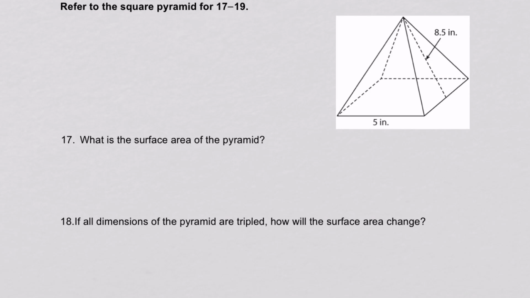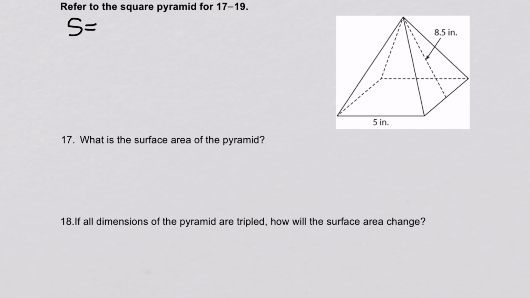Okay, now let's look at number 17 through 19. It says refer to the square pyramid. So 17: what's the surface area of the pyramid? Again, another formula that you should have memorized already. If you haven't, make sure you study these. We've been looking at them for a long time now.